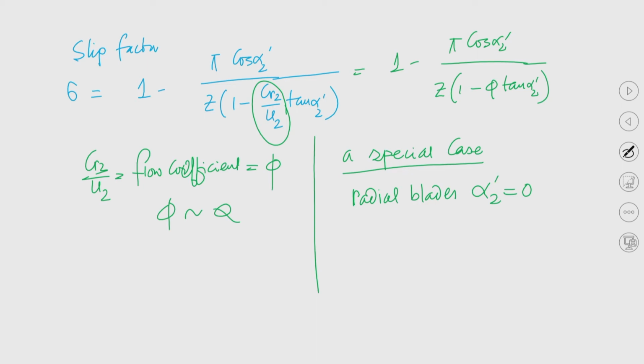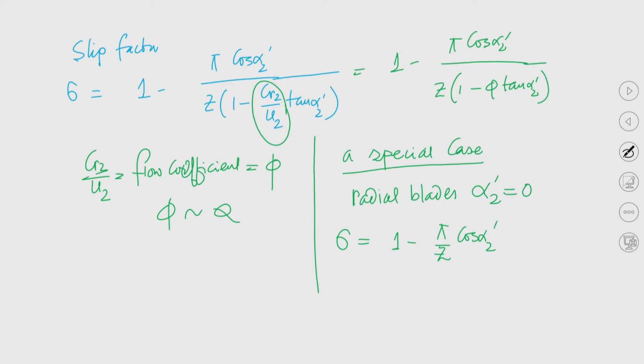So, for radial blades, alpha 2 equal to 0, in that case sigma equal to 1 minus pi by z cos alpha 2.